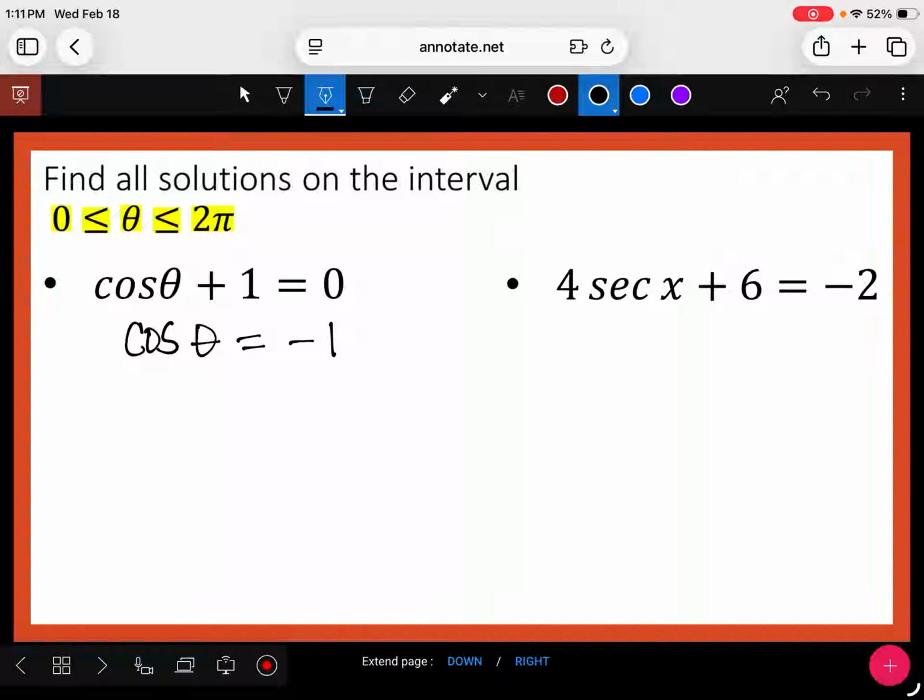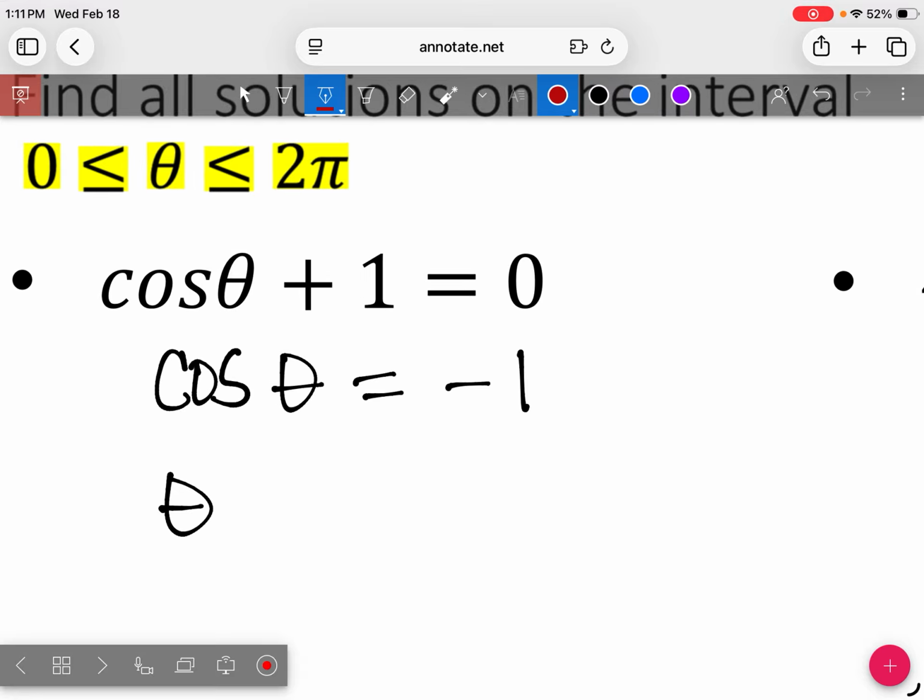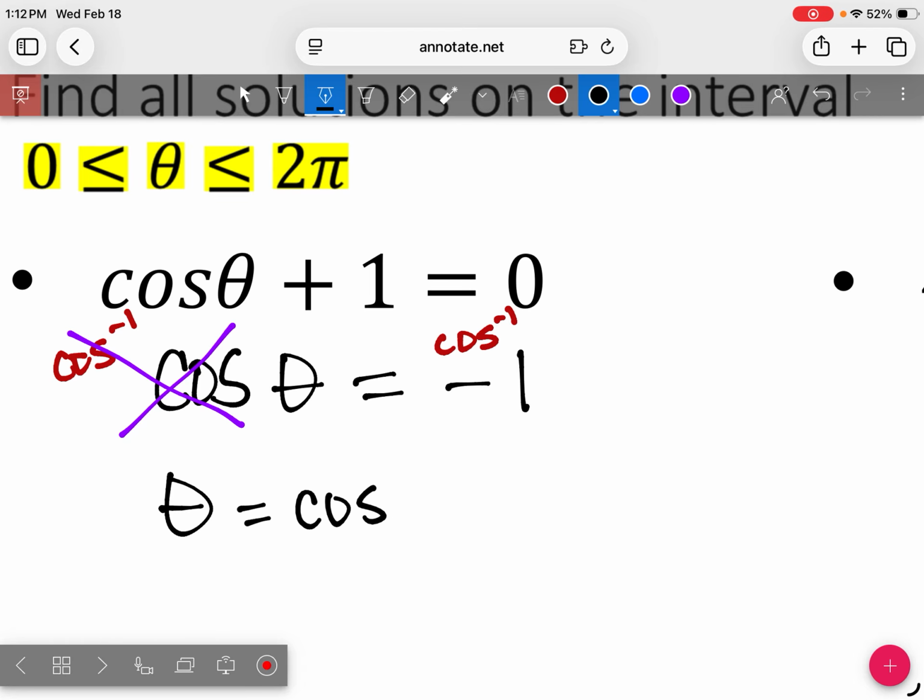So when I put an inverse cosine on both sides, all it's going to do on the left is cancel out the cosine. So theta equals the inverse cosine of -1.